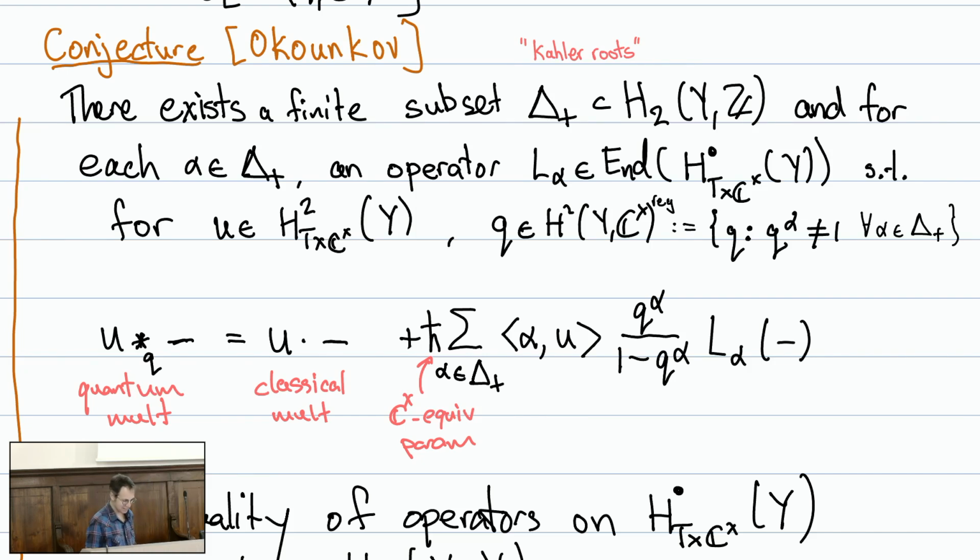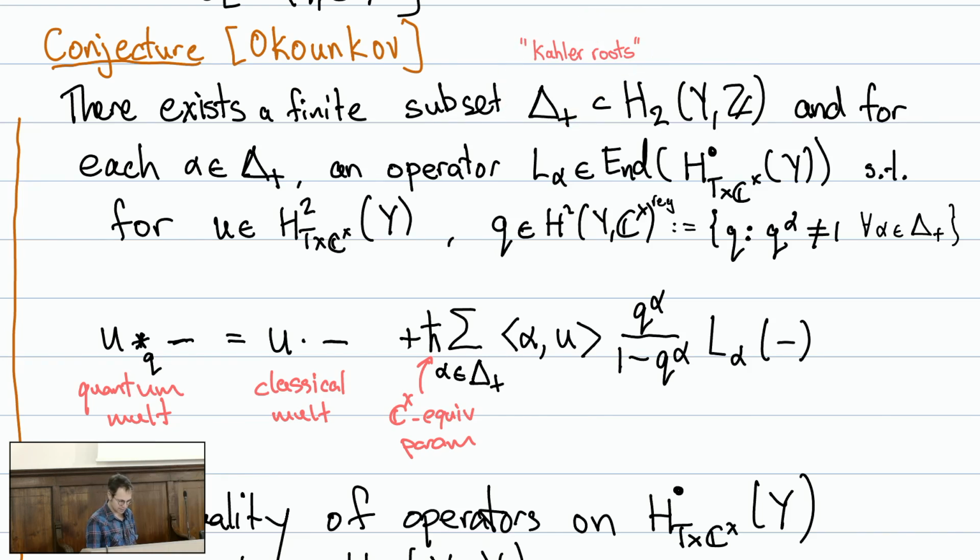Okay, so here's this conjectural picture of Okounkov describing the structure. The first part is very interesting even. There exists a finite subset called the set of Kähler roots.